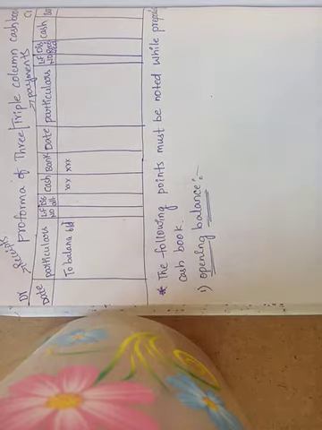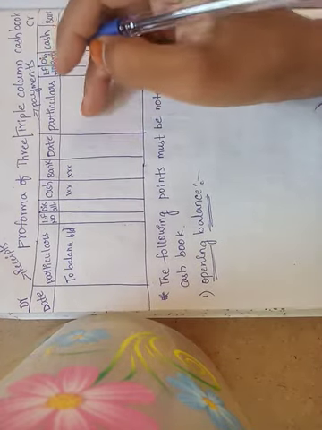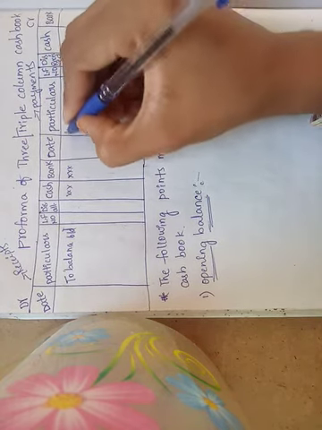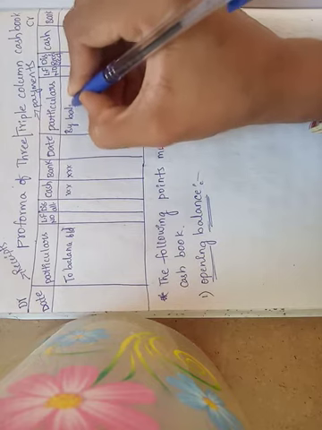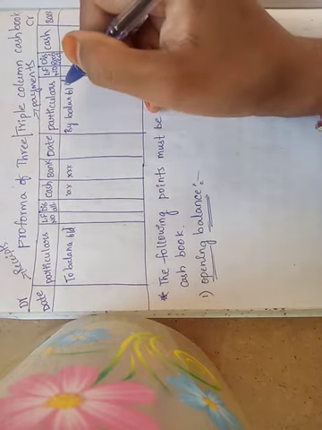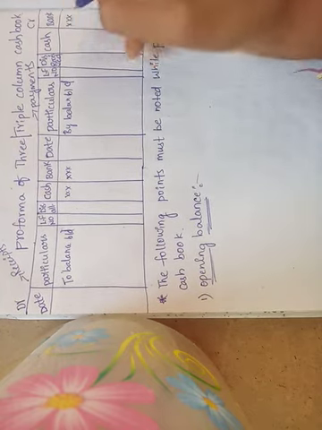In case of any bank overdraft, you must write it on the credit side as by balance brought down, entered in the bank column.